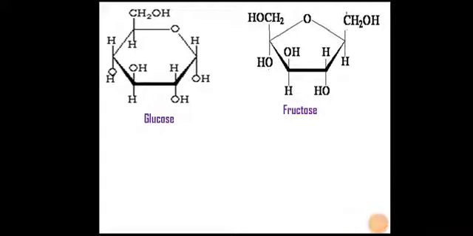Now for the sake of convenience, let us count the number of carbon atoms in case of fructose. Now this is carbon number 1, carbon number 2, 3, 4, 5, and 6. So this is carbon number 2. So carbon number 1 of glucose and carbon number 2 of fructose. So therefore it is 1, 2, and as the conformation is alpha, therefore it is alpha 1, 2.